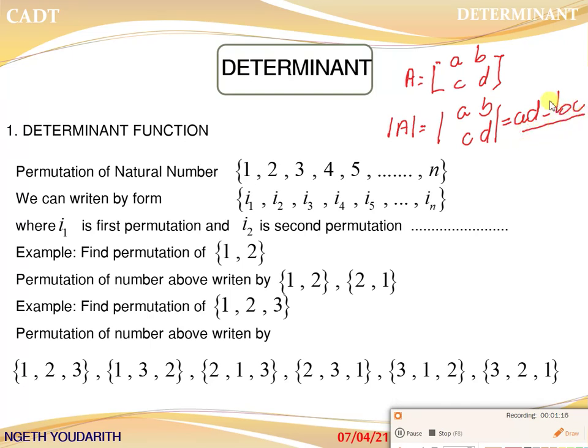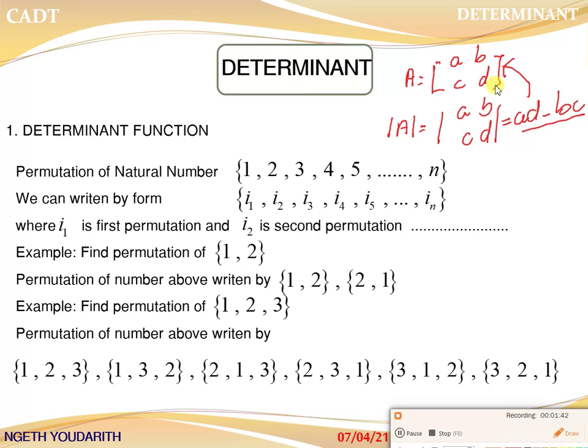This is the determinant of the matrix A, in the 2 by 2 case. Now we can continue from 2 by 2 to 3 by 3, 4 by 4 and 5 by 5, until etc. So this is our determinant.